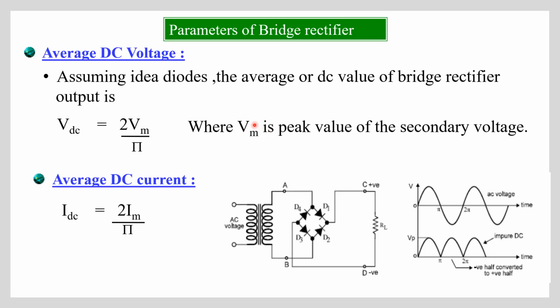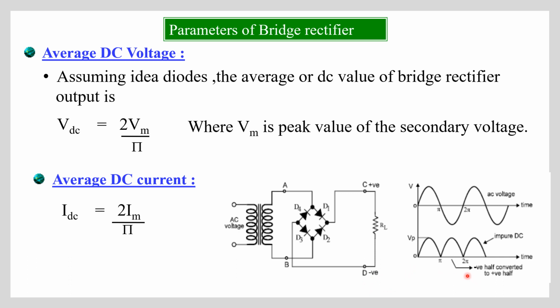So now let us see the parameters of the bridge rectifier. Average DC voltage, assuming ideal diodes: the average or DC value of the bridge rectifier output is the same, because for both half cycles the bridge rectifier conducts. So VDC is equal to 2Vm by pi, where Vm is the peak value of the secondary voltage, because of the two half cycles, 0 to pi and pi to 2 pi.